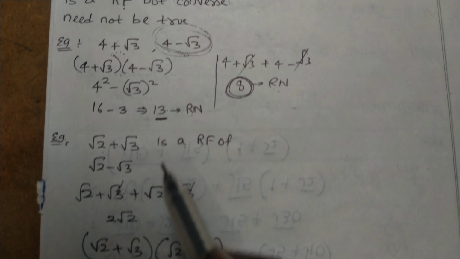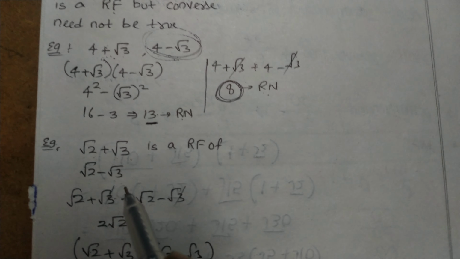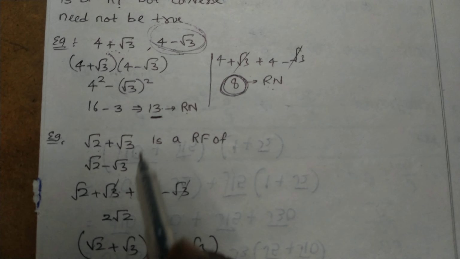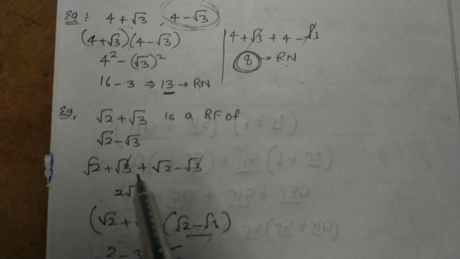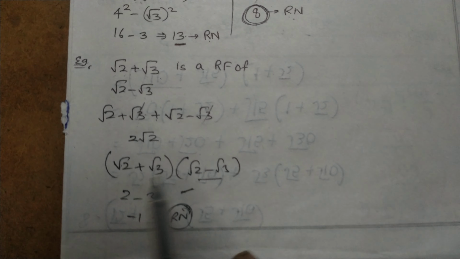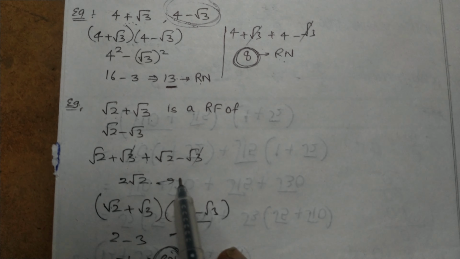Now in this example we are trying to prove the reverse. That means we are already taking a rationalizing factor and we are trying to prove whether it is a conjugate or not. Are you able to understand? What we did, we did sum. If we do multiplication we are getting a rational number, but if we are doing sum we are getting an irrational number.